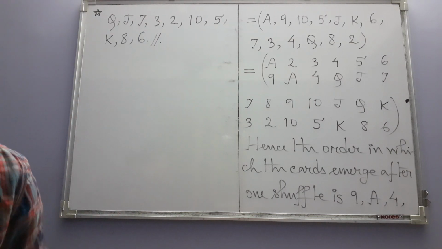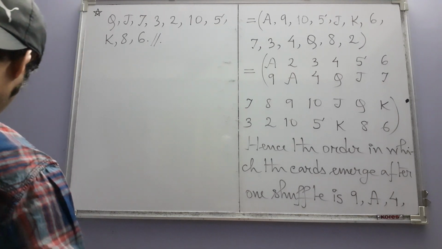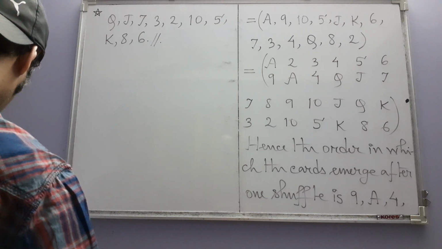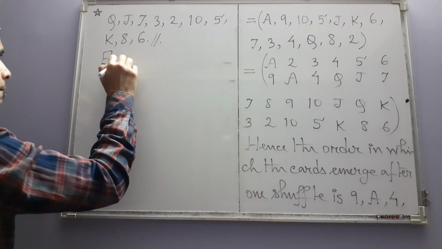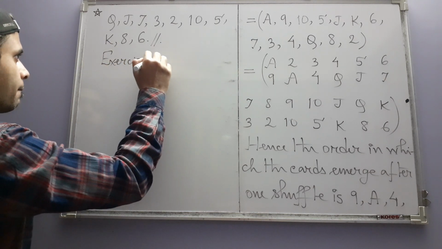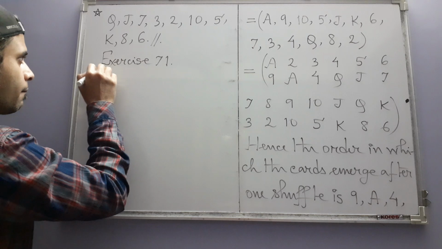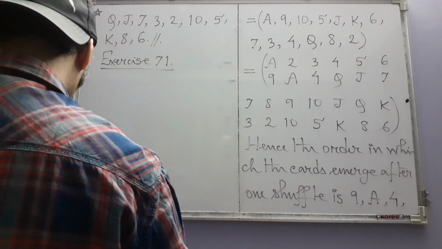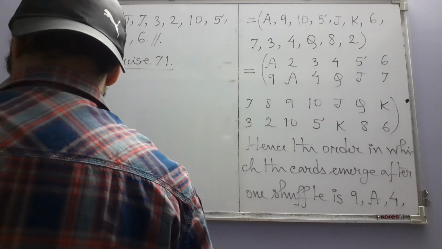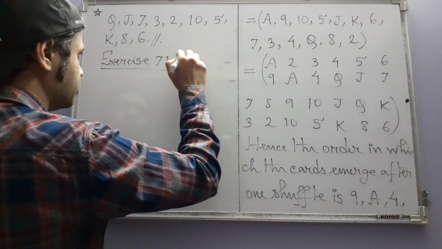Let's now see the next one. Show that a permutation with odd order must be an even permutation.